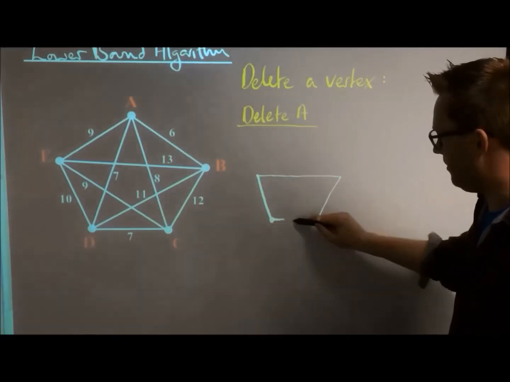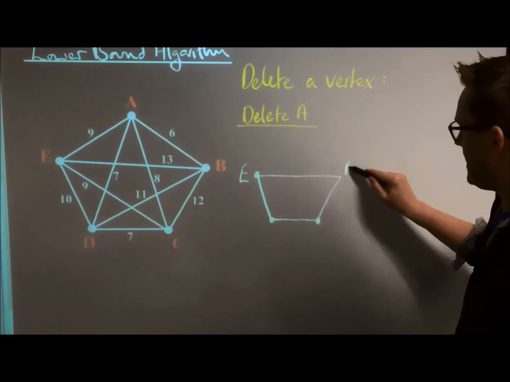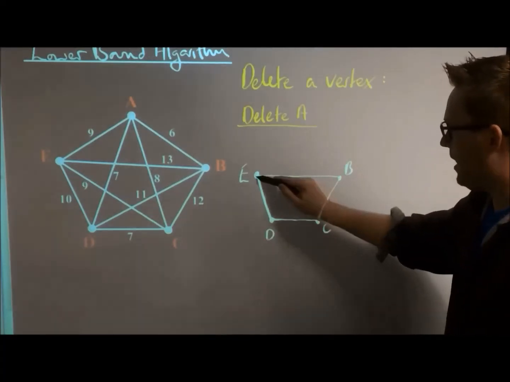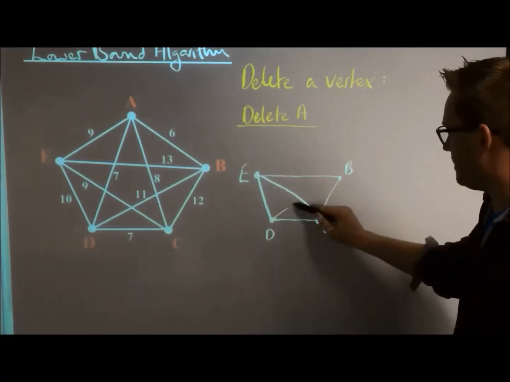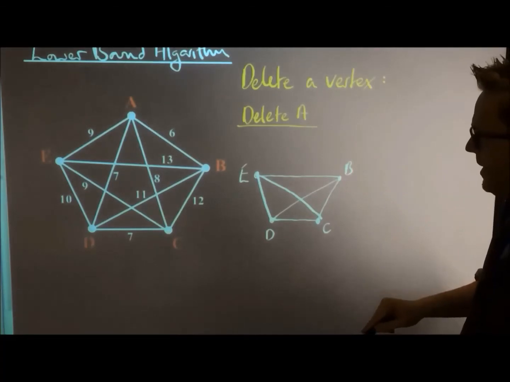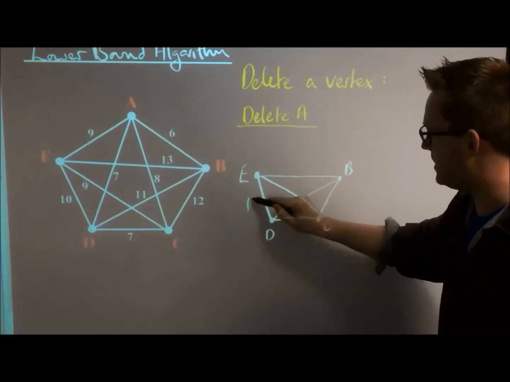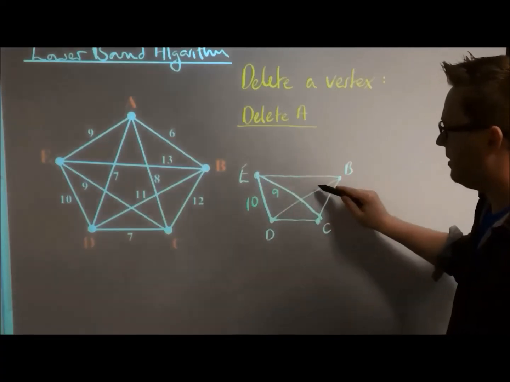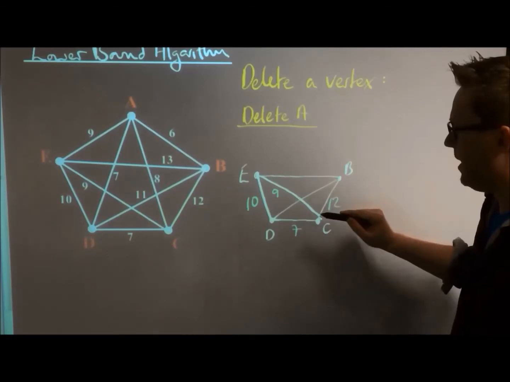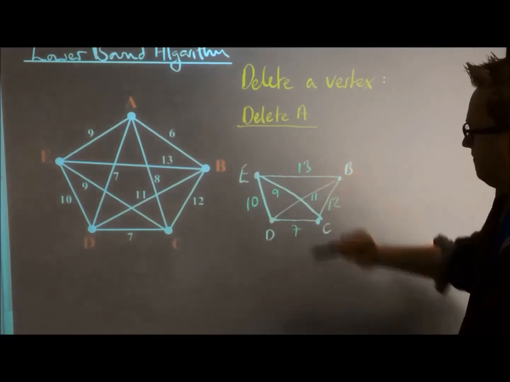So I'm going to draw out the network again. So I've got E here, B here, C and D. And they're still connected, but there's no A node up here, so there's nothing to connect to A. I'm going to put the edges in again. So I've got 10, 9, there's no 7, there's a 7 here, 12, this one was 11, and straight across there is 13.